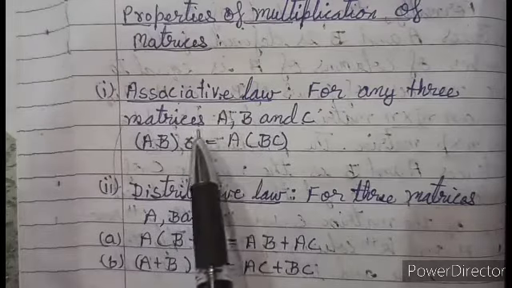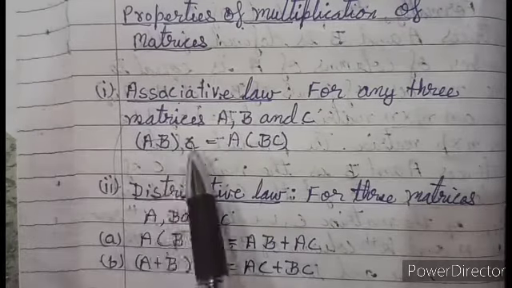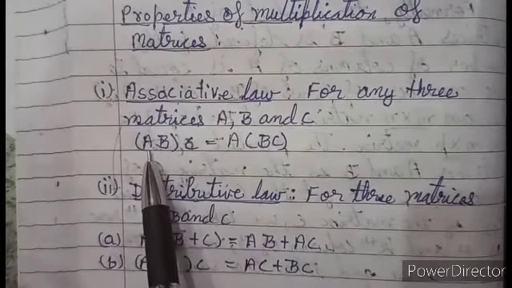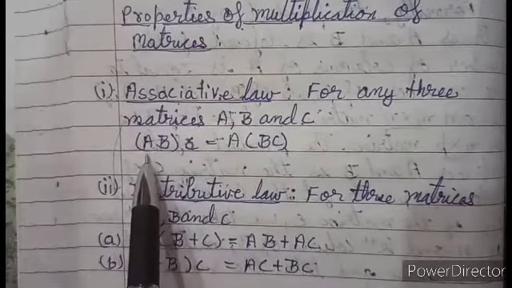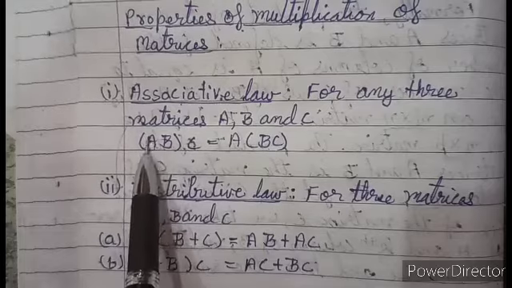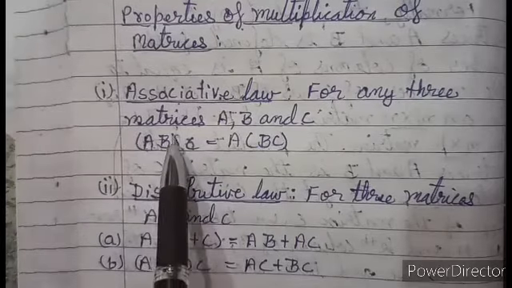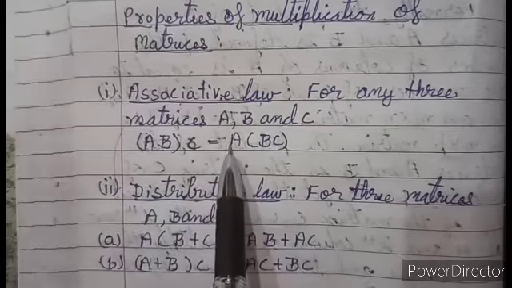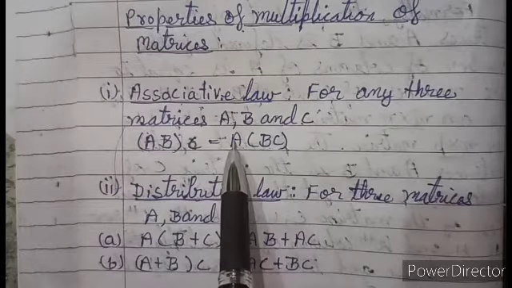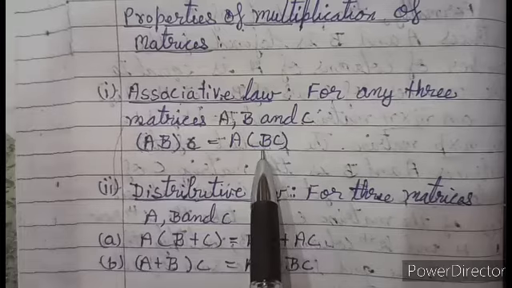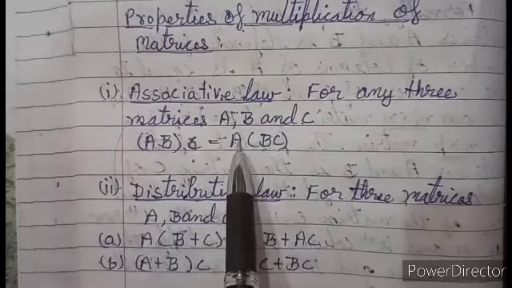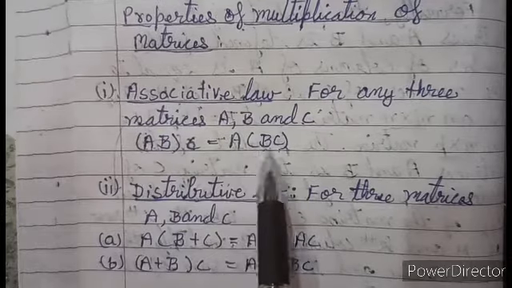That means for any three matrices, if the product ABC is defined, then if we first multiply matrices A and B and then multiply their product by matrix C, that will give us the same result as multiplying matrices B and C first and then multiplying matrix A by their product.